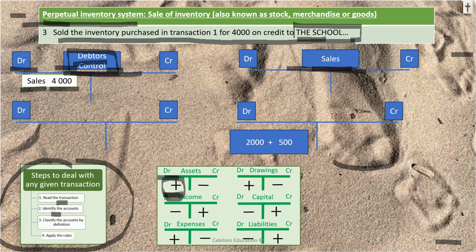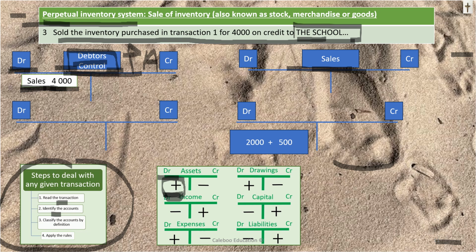In all these transactions, I'm just illustrating the difference between perpetual and periodic inventory systems, and we're not dealing with tax at the moment. So debtors control is an asset. Increase in the value of assets, the account gets debited. On the debit side, under details, we have the name of the contra account and the amount: sales, 4,000.